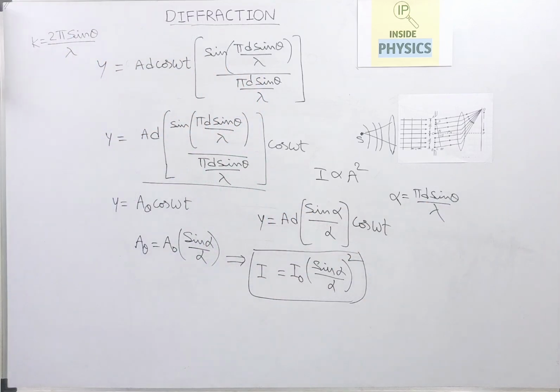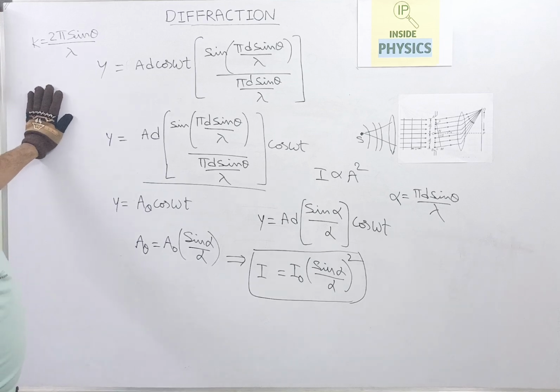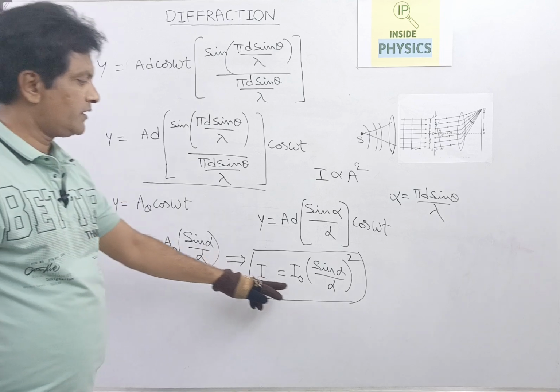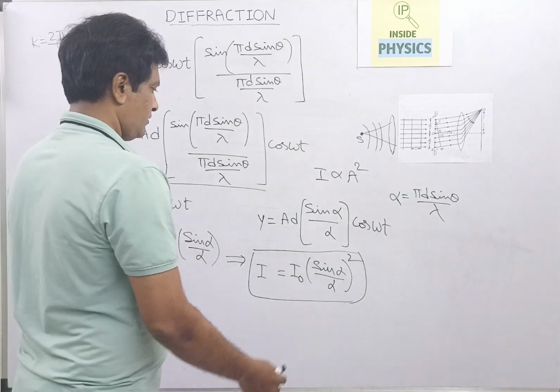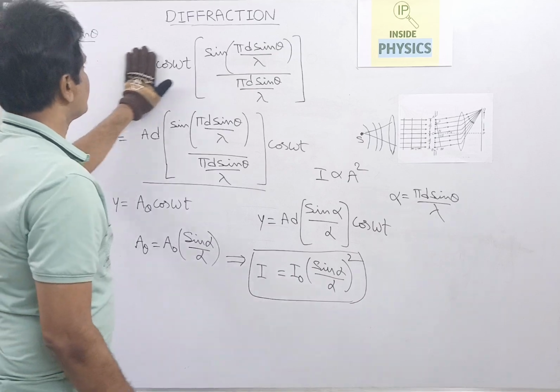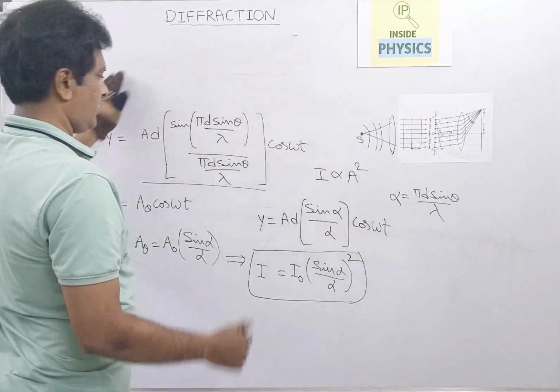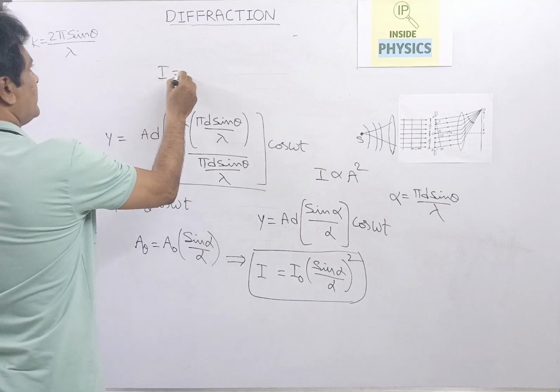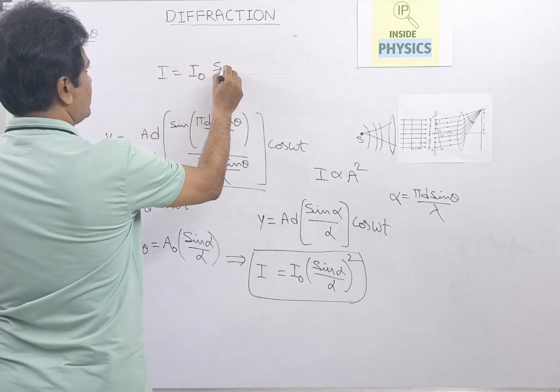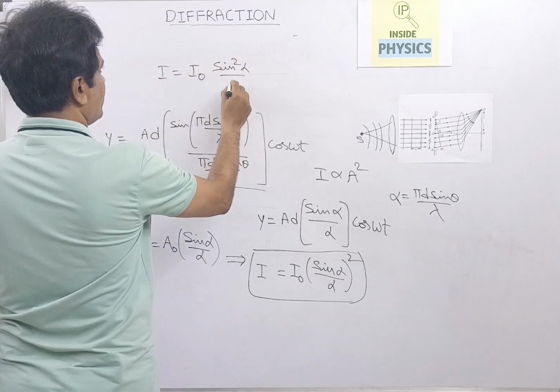So how does the intensity pattern look for Fraunhofer diffraction in a single slit? We can understand that by drawing a diagram. We can also write this as I is equal to I naught sine square alpha by alpha square.